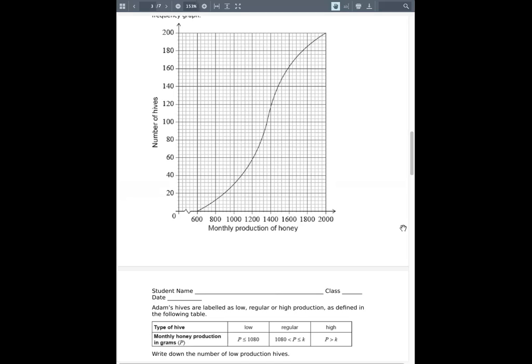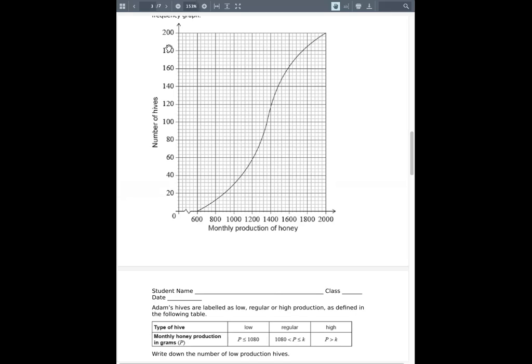All right. Moving on. 2E, find the number of hives that have a high production. Since you already have the values for low and regular, which are 40 and 128, you add those and get 168. Then you take your highest value on the cumulative frequency graph and subtract 168 from 200.